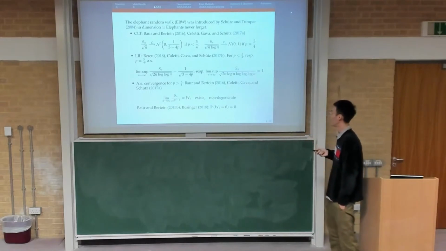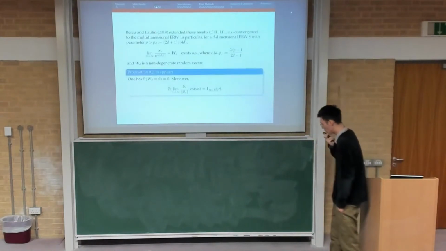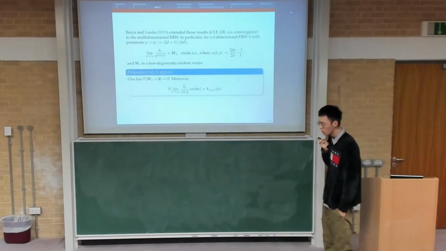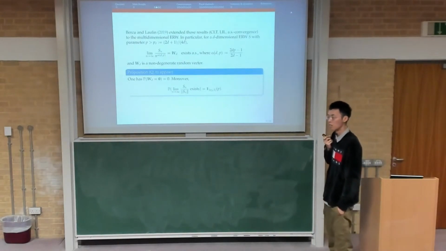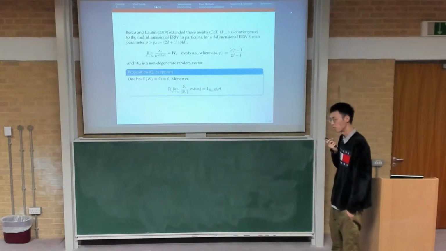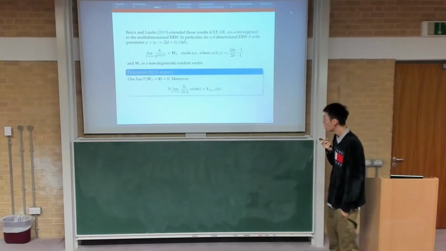Then we talk about the d-dimensional elephant random walk. Those results can be generalized to the higher dimension case. In dimension 1, the criticality is p1 equals 3/4. Actually, in any dimension, there is a criticality pd, which equals (2d+1) divided by 4d.